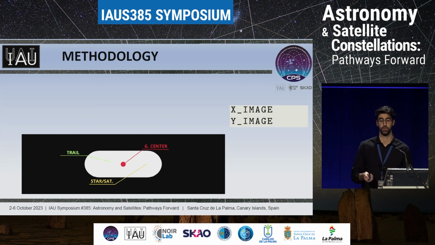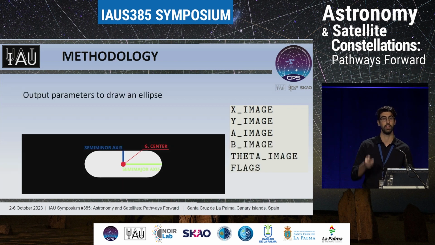What we want from our software is to generate a geometrical center from two positions, x and y, and after that, generate two lines from the minimum and maximum distance of the boundary of this trail. In other words, we are generating a semi-minor and a semi-major axis.